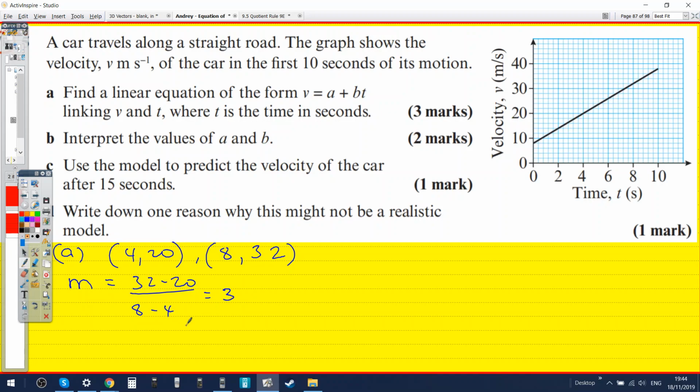So is it just then going to be 10 equals to 3 plus, or is it going to be v equals to 3 plus b10? What letter represents the gradient?